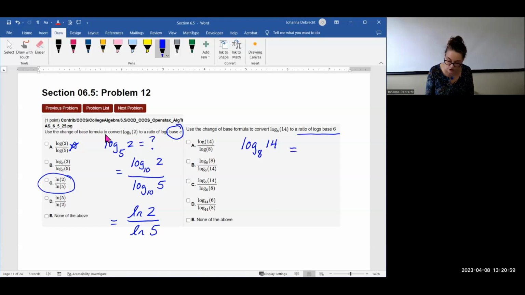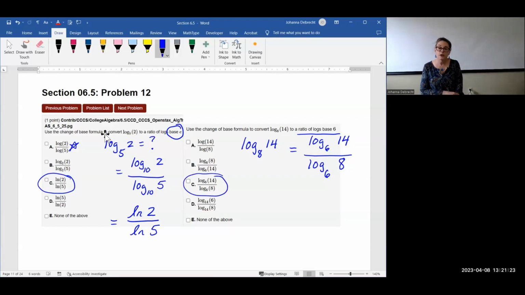So we're going to convert to log base 6, with a log base 6 in the numerator and the denominator. In the numerator, it's log base 6 of the original answer part, which is 14. And in the denominator, it's log base 6 of the original base, which is 8. And it looks like that would be option number C, right?